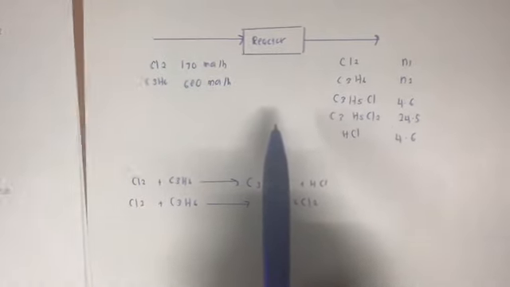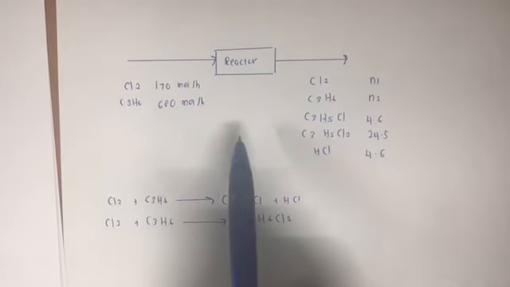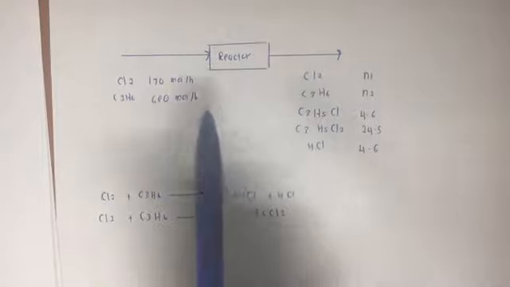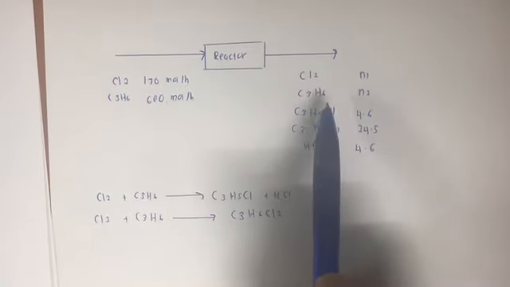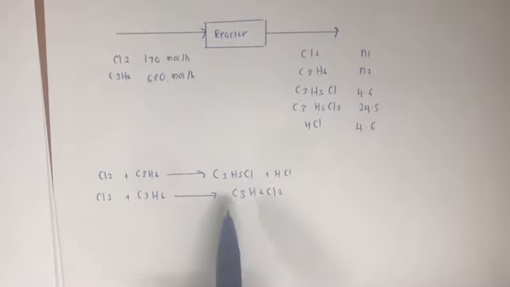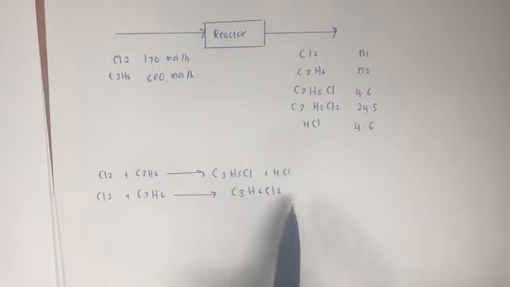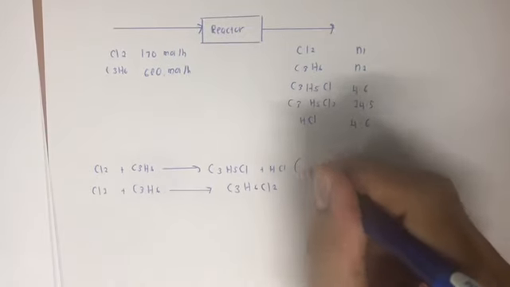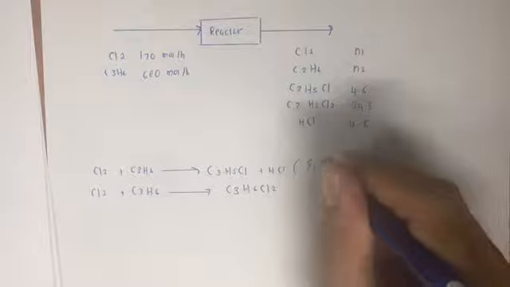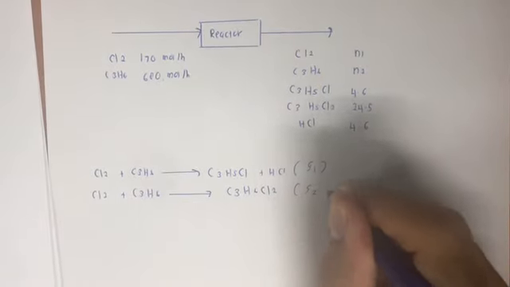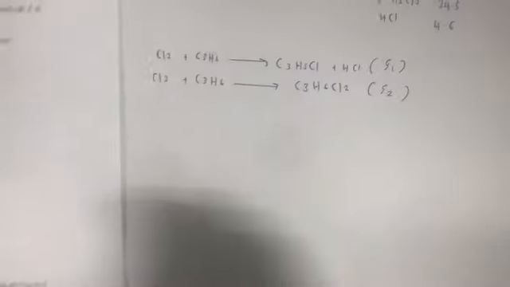So this is basically the chemical species of inlet and outlet of the reactor, and we have two reactions here, reaction A and reaction B. Let's just name this C1, this C2. Now look at the first question. Determine N1 and N2.